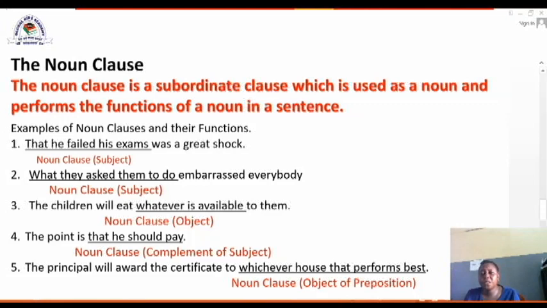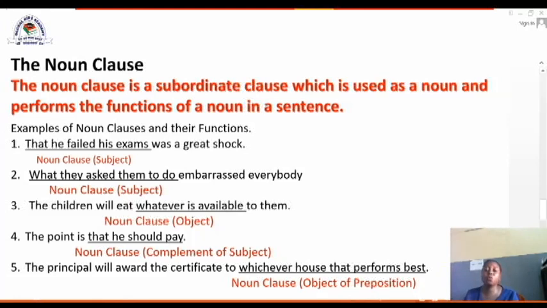Now, example 1. That he failed his exams was a great shock. The underlined expression here is that he failed his exams. That's the subject of the verb was, and it is a noun clause. What they asked them to do embarrassed everyone. The underlined expression, what they asked them to do, is a noun clause and it functions as subject of the verb embarrassed.